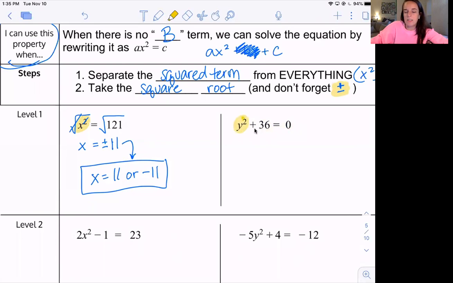What's the opposite or inverse of positive 36? Negative 36. Yeah, minus 36. I'm going to subtract 36 on both sides. And that's going to leave me with y squared equals negative 36.